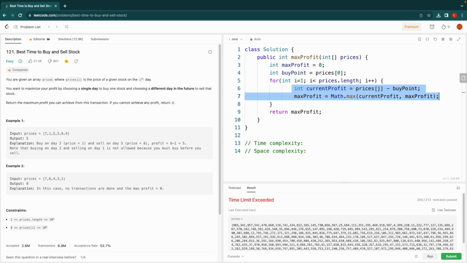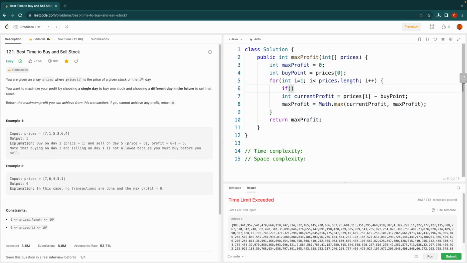So again our current profit would be prices of i minus buy point, and max profit would change to, no, we have to update the buy point as well. We have to check if this value can be a buy point.